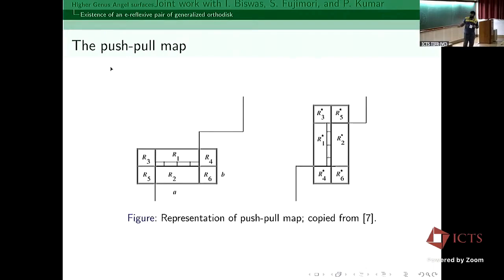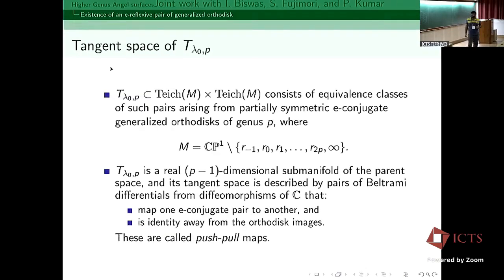We take all those diffeomorphisms of C and take their Beltrami coefficients. Under some equivalence relation, that set turns out to be the tangent space of T lambda naught P.